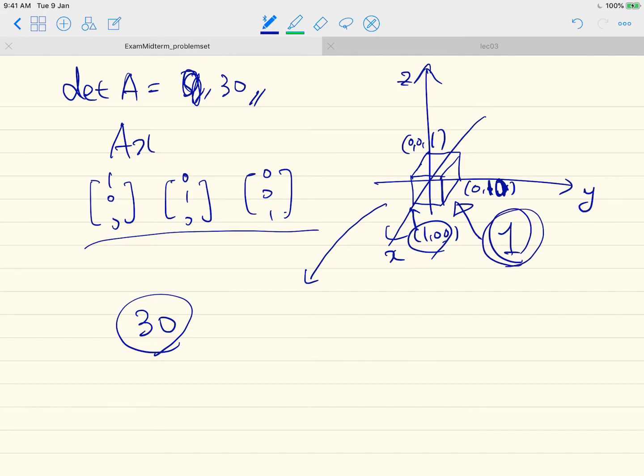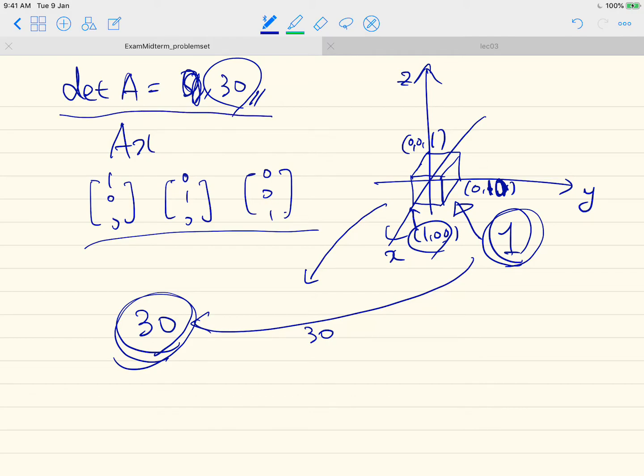If our volume was 1, then we just multiply. So this is the ratio of the volume increase that is indicated by our determinant. Okay, we don't do any rigorous proof, but you can intuitively have a sense or understanding of this determinant, I mean, its physical meaning.